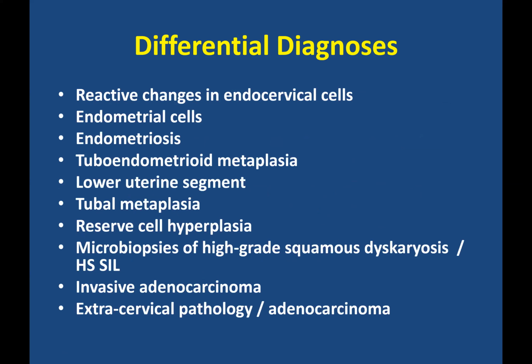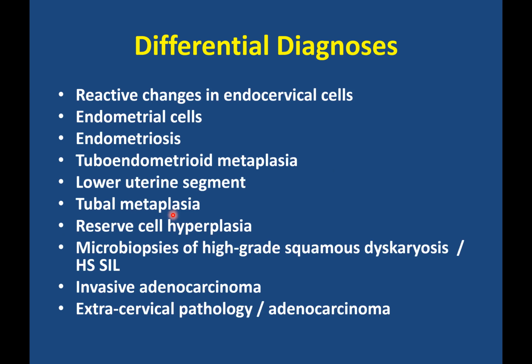So, the differential diagnoses of high-grade CGIN. You've got to think about reactive changes in endocervical cells, and endometrial cells. Conditions where you find endometrial cells can always be problematical, either because it's a menstrual sample, or there's endometriosis, or tuboendometrioid metaplasia, or indeed lower uterine segment.